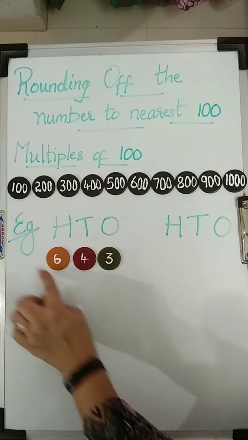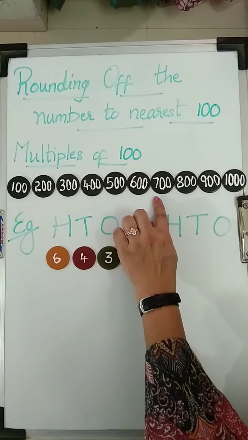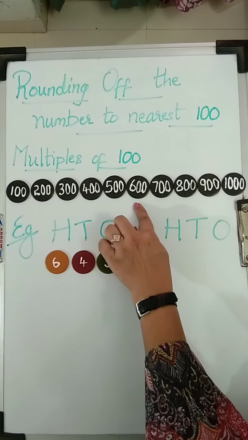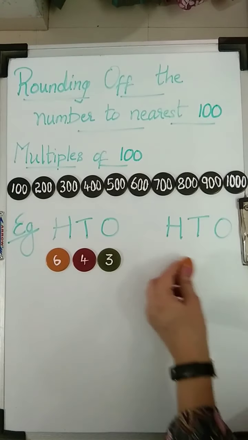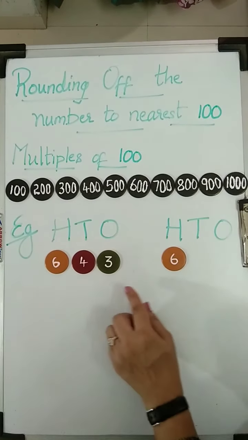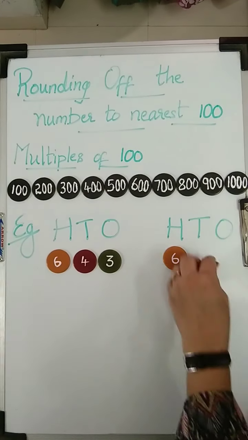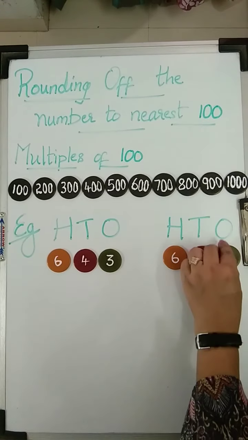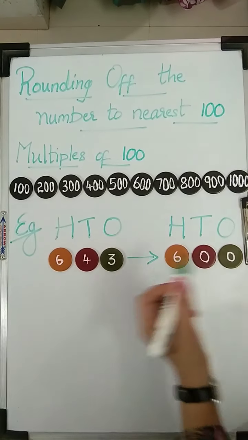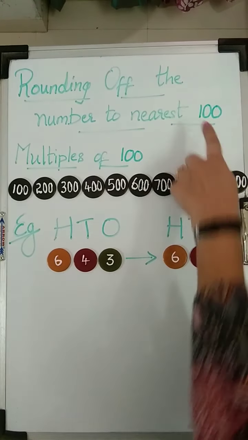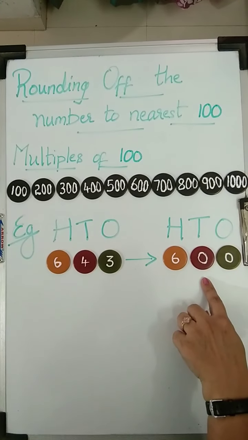So what happens? The number 643 will round off to the previous 100. So previous means 600. That is, 6 will remain 6 itself. And what happens to tens and ones place? They become 0. So how do we read this? The number 643 when rounded to the nearest hundreds becomes 600.